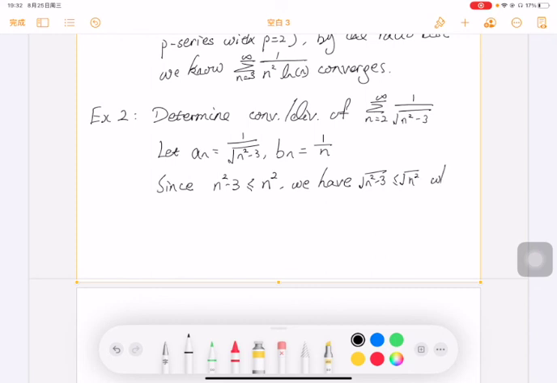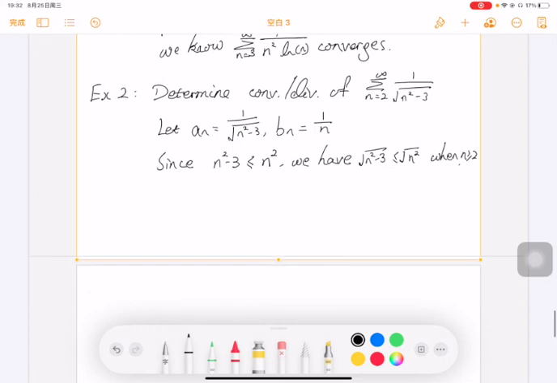And this is when n is larger than or equal to 2. This is important because when n is smaller than 2, the square root of n squared minus 3 is not well defined. But if it is well defined, then of course it works out because the stuff inside the square root is larger.